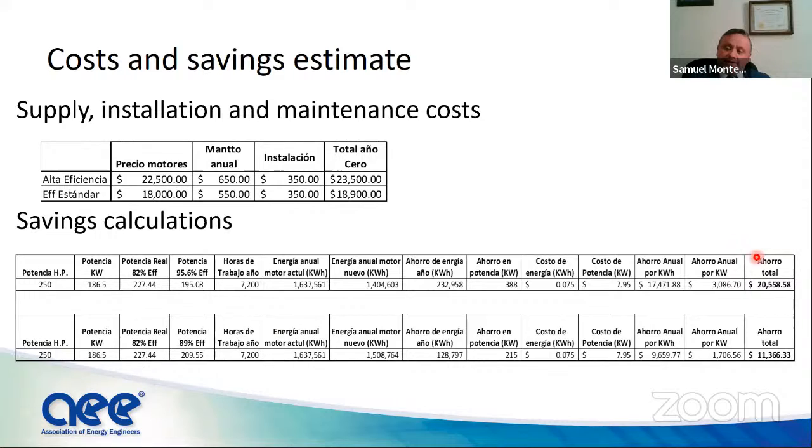If you look at the end of the chart, in only 1 year, the saving is $20,000 for the high efficiency, and for the standard efficiency, $11,000.